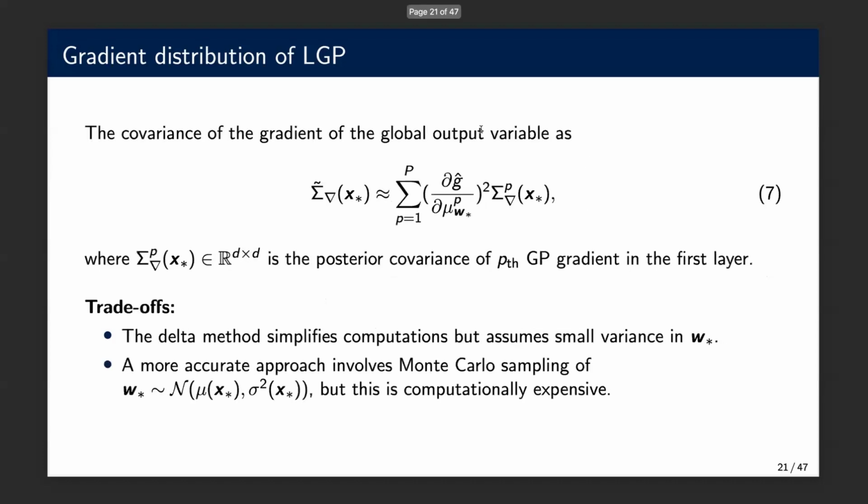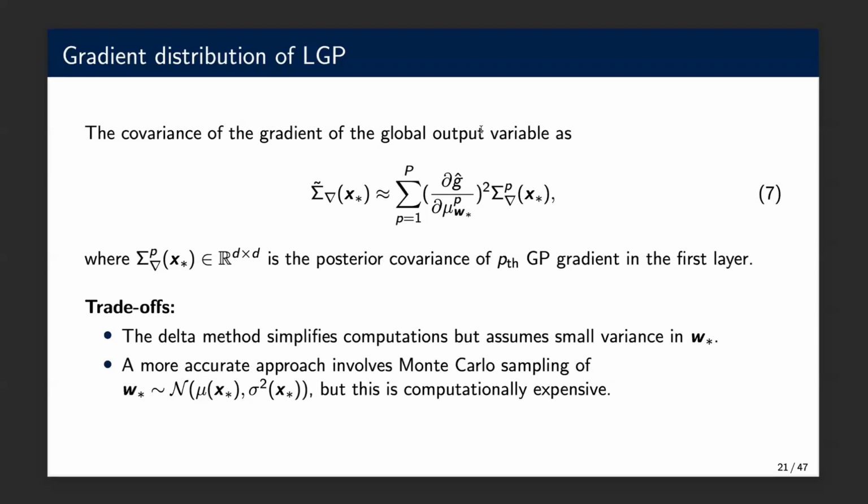So finally, the covariance of the gradient of the global variables can be expressed in this way. We iterate over the GP emulators in the first layer, compute the gradient contributions of each first layer sub-GP, and sum them together. There are definitely some trade-offs in computing the covariance here.